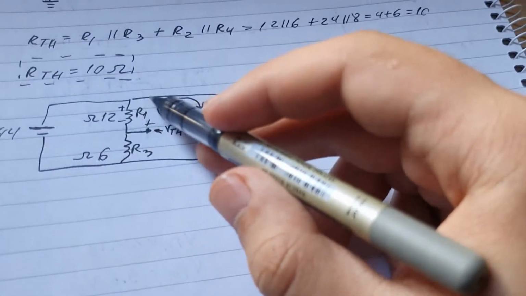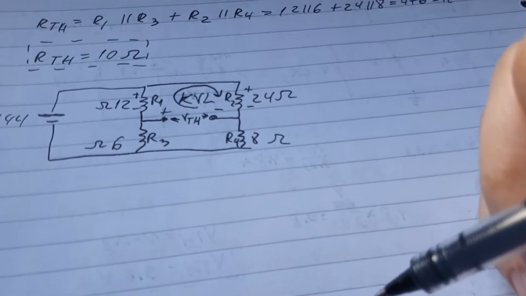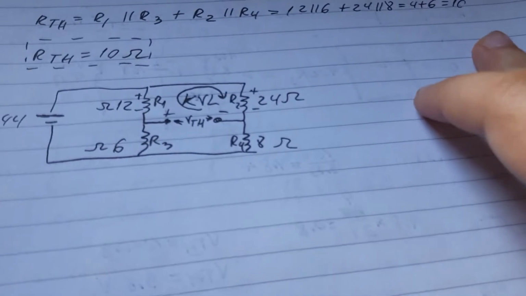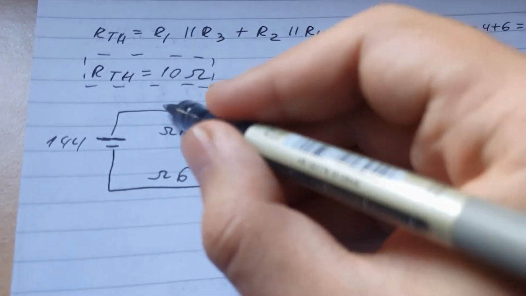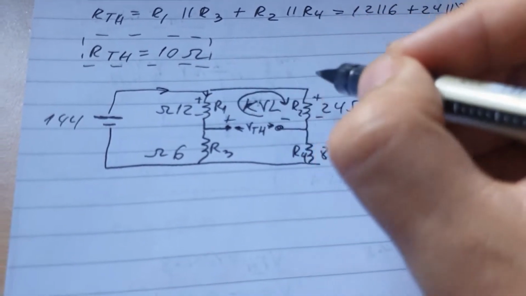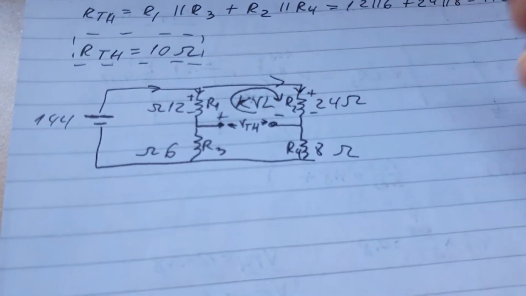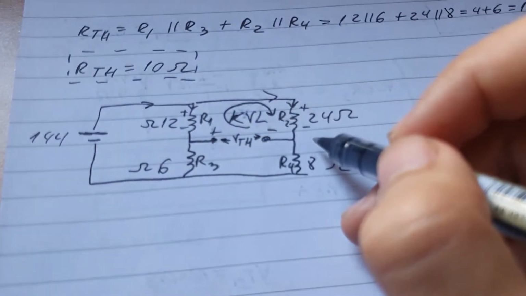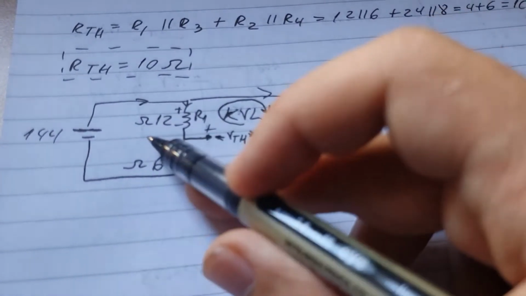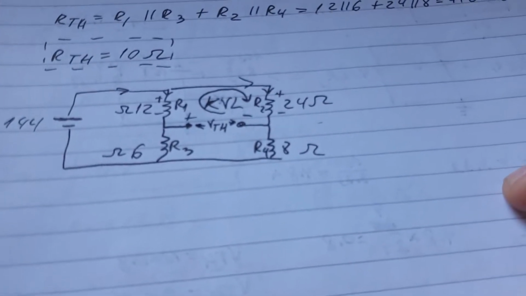Okay, so minus, plus, plus, minus. Okay, perfect. Well, it's also plus minus because the current will flow through this direction and both currents will flow inside of it. However, VTH can only have either flow. It can either flow that way or it flows this way. So it adds up together.